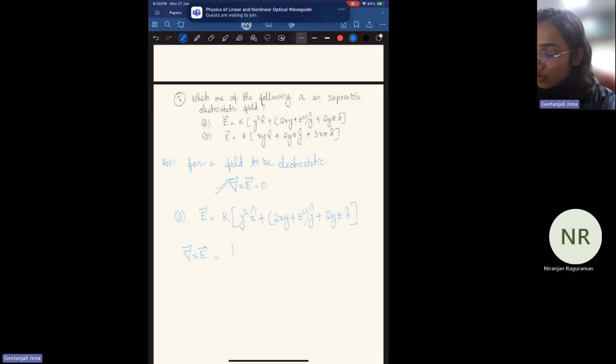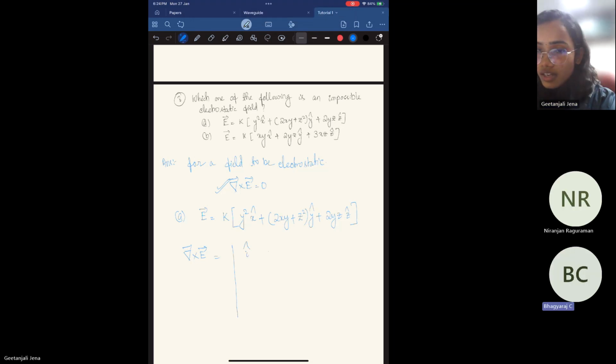In Cartesian coordinates, you have curl of E as the determinant with i cap, j cap, and k cap. And you know the form for this del operator, it is dou by dou x, dou by dou y, and dou by dou z.